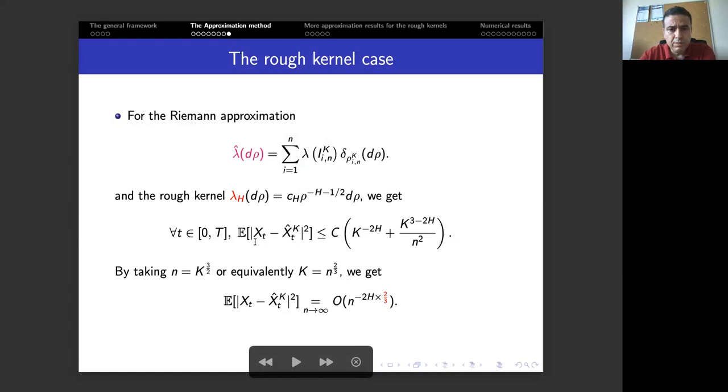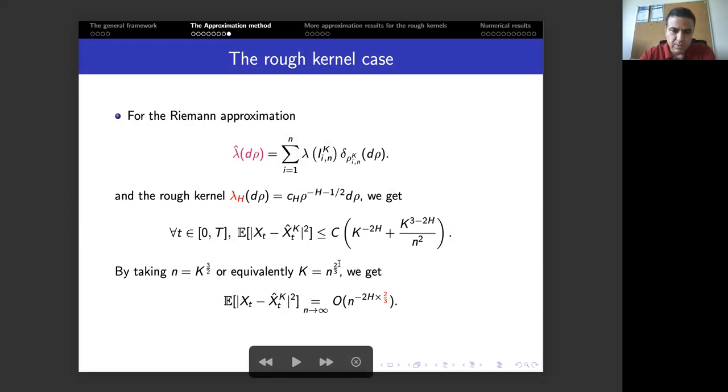The strong error between the original stochastic Volterra equation and our naive approximation, which is a system of stochastic differential equations in this case, behaves like k to the power minus 2h plus k to the power 3 minus 2h over n squared. So a reasonable choice of k, the truncation, should behave like n to the power 2/3.